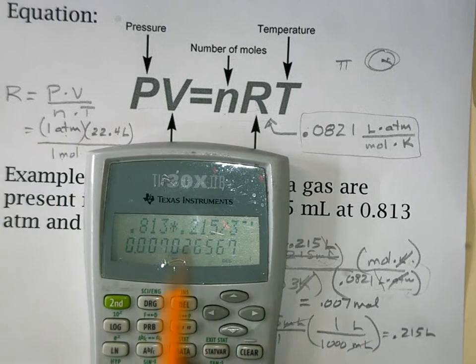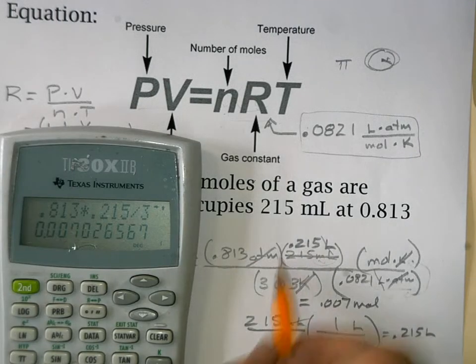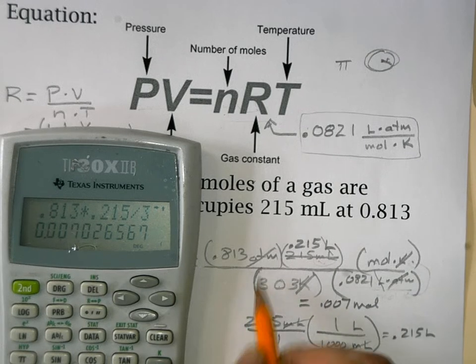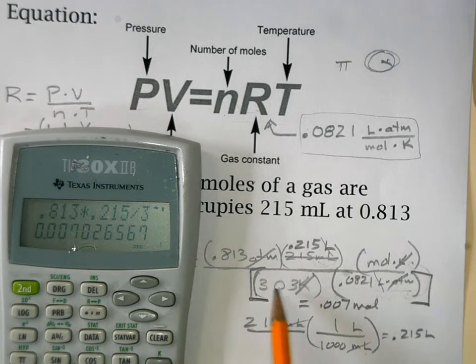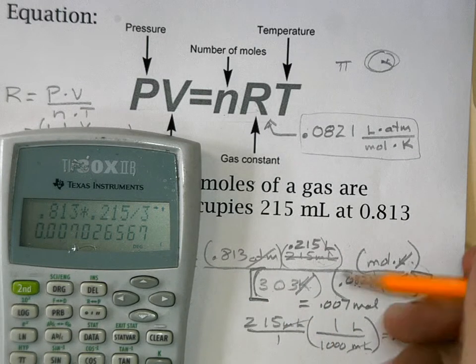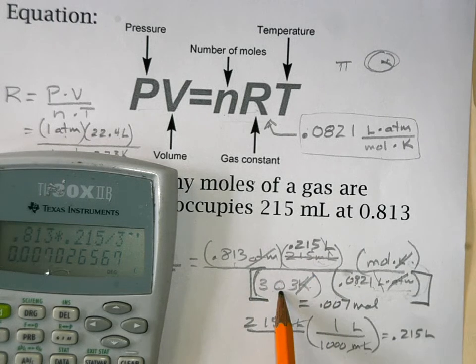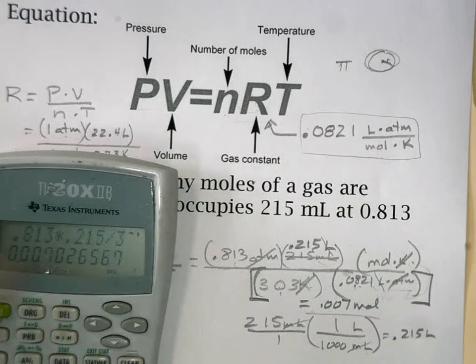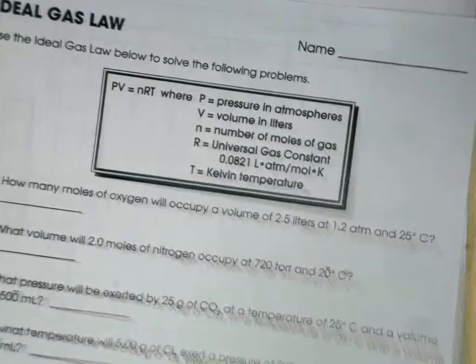Now, if you got 0.004, you were messing up here. You need to put an extra set of brackets around this so your calculator knows that these two you're multiplying and then dividing. But for regular calculators, this number times this number divided by this number, hit divide again, this number, and you'll get 0.007.